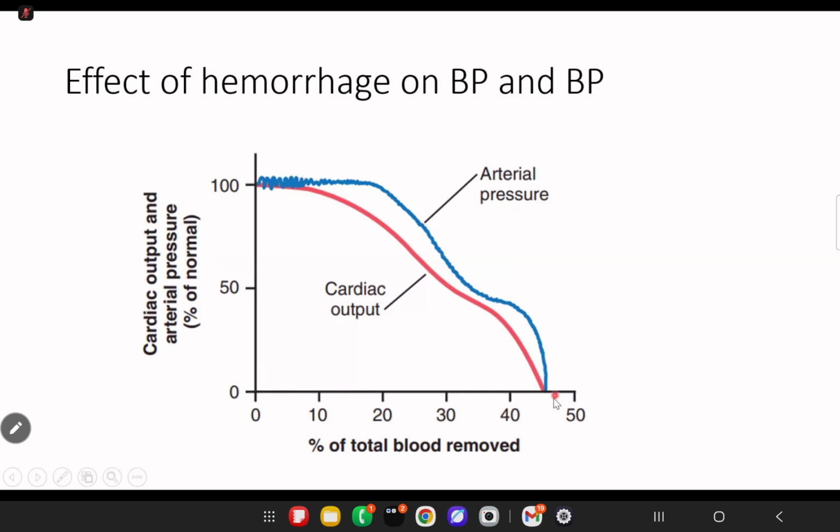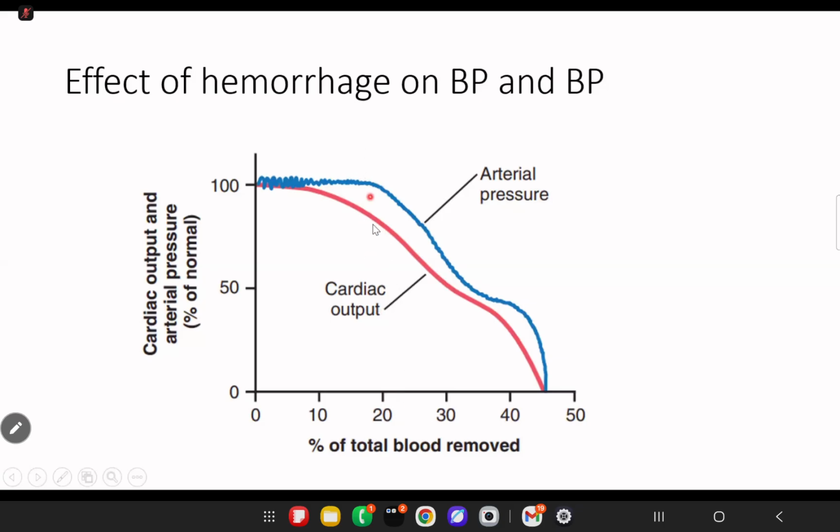You can see that the arterial pressure is virtually zero at about 45% of your blood loss, around 40%. So basically, you have dropped your blood pressure by about 50% at about 35% loss of your blood volume. But your arterial pressure will continue to remain the same until about 20% of your blood loss.